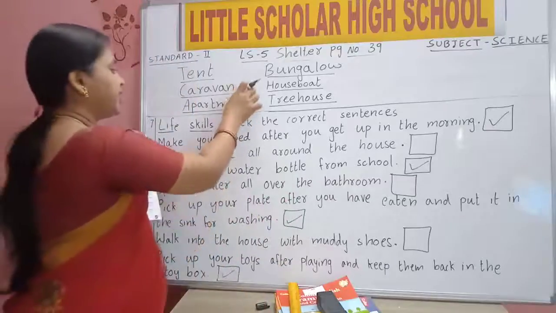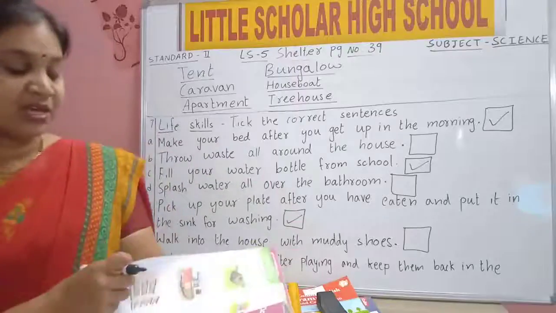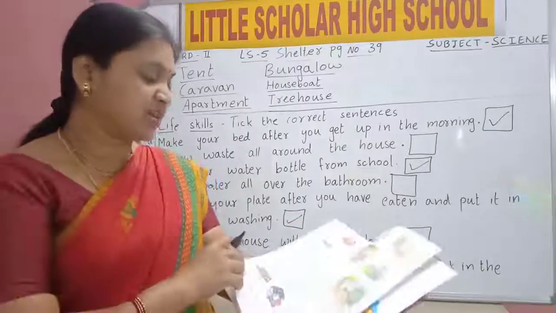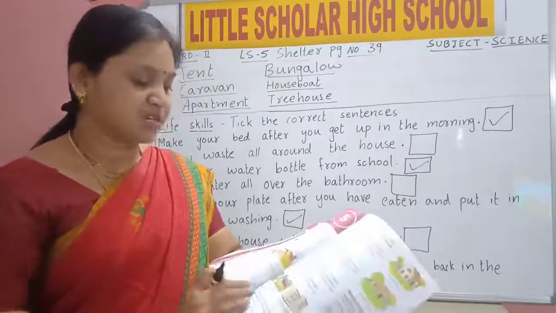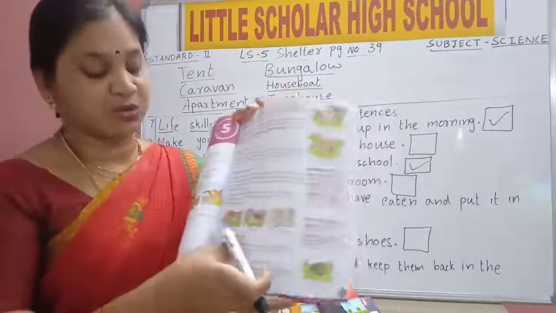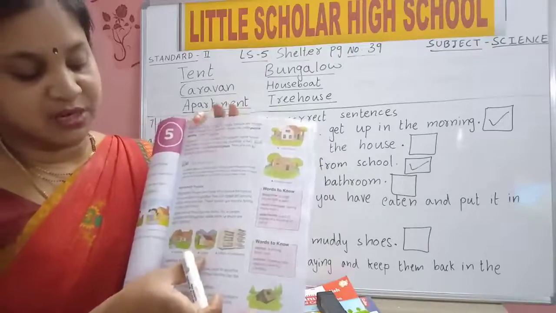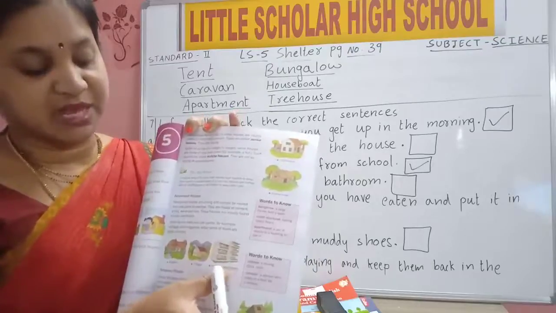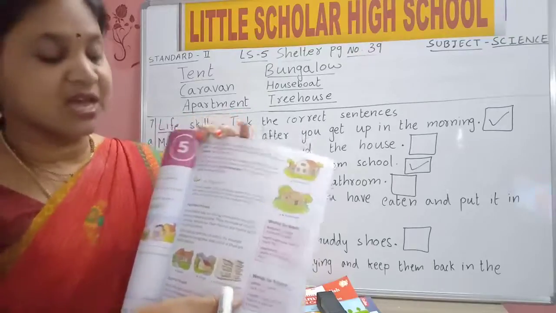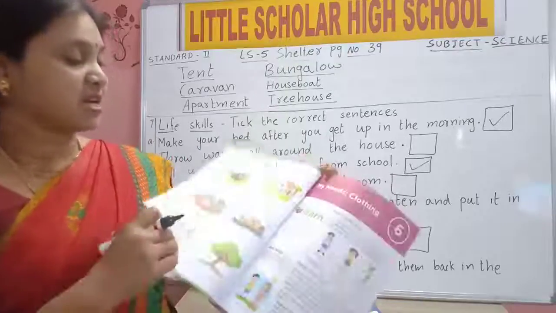Apartment. We'll read once again. Yes, you can see this here. Where are the permanent houses? Yes, here. See, bungalow, cottage, apartments. So, here 6 types of houses are given.